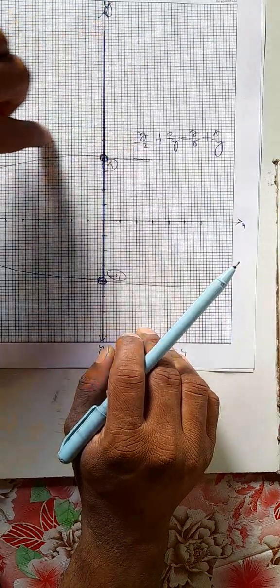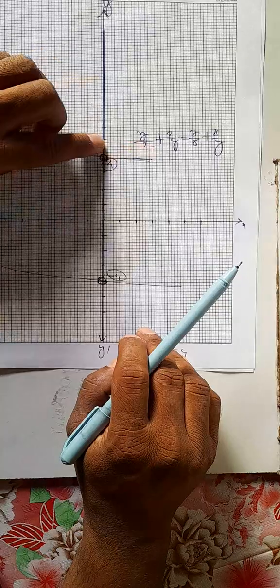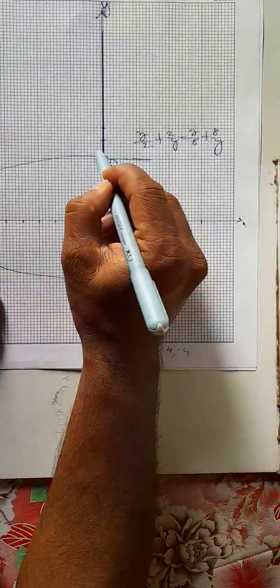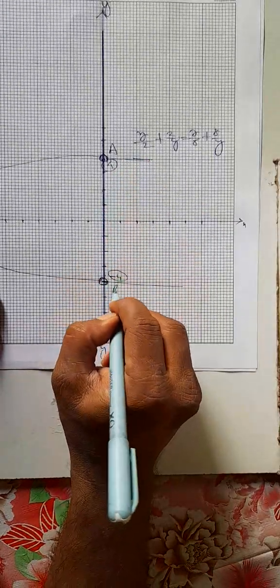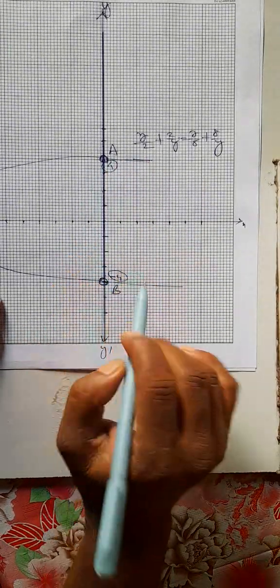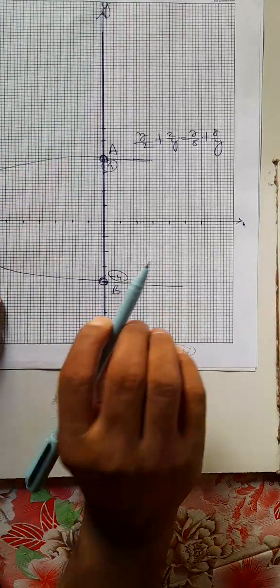When you draw its graph, you get another U-shaped graph. This graph intersects the axis of y in two different points, say A and B. Ordinates of A and B are 4 and minus 4. These are the solutions of this equation in y.